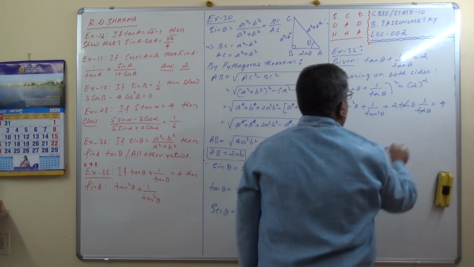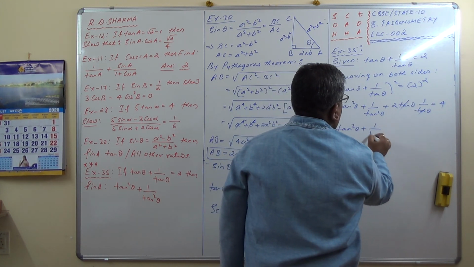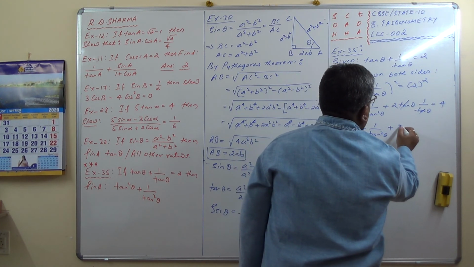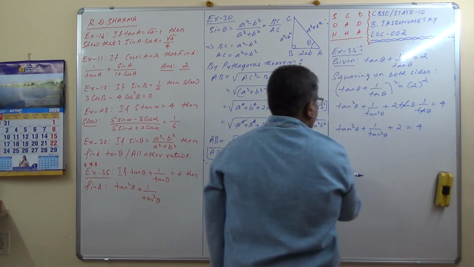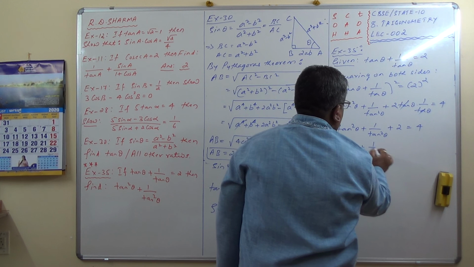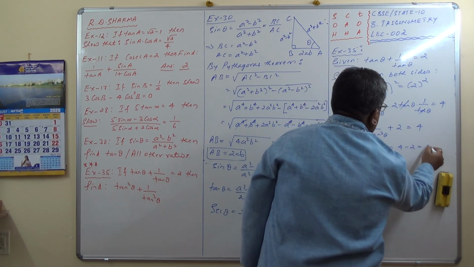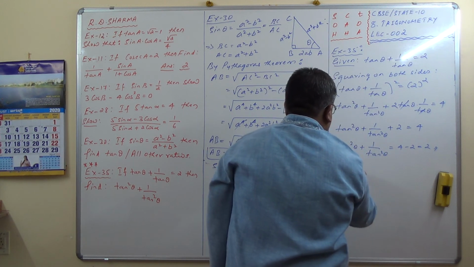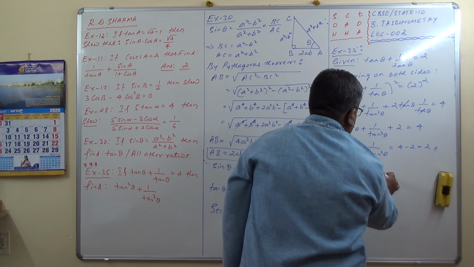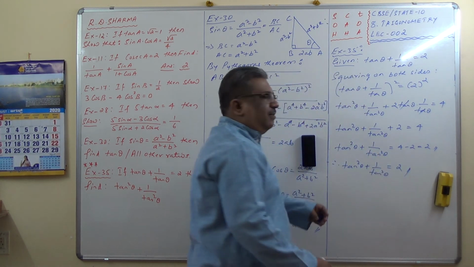So this will cancel here. Tan square theta plus 1 by tan square theta plus 2 equals 4, and therefore tan square theta plus 1 by tan square theta equals 4 minus 2, which is 2. Therefore the answer which I am getting is 2.